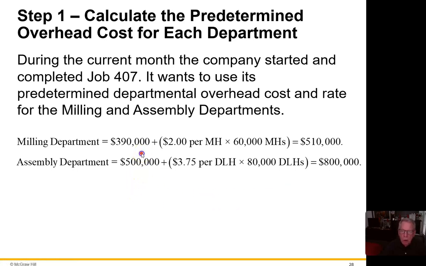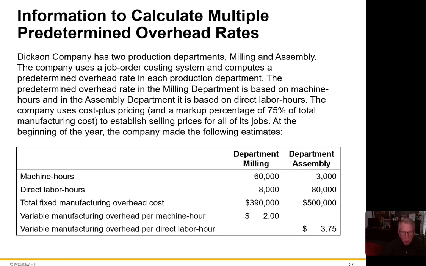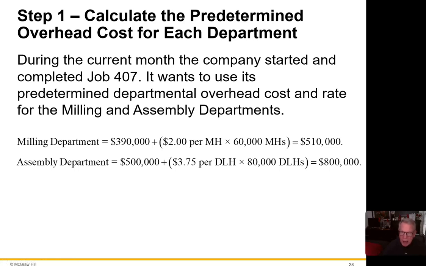Assembly department, we started with fixed overhead of $500,000. Our variable overhead based on direct labor hours was another addition, totaling $800,000. All right, those are our estimates, right? Those are estimates. So we now have our total overhead for each department, milling and assembly.